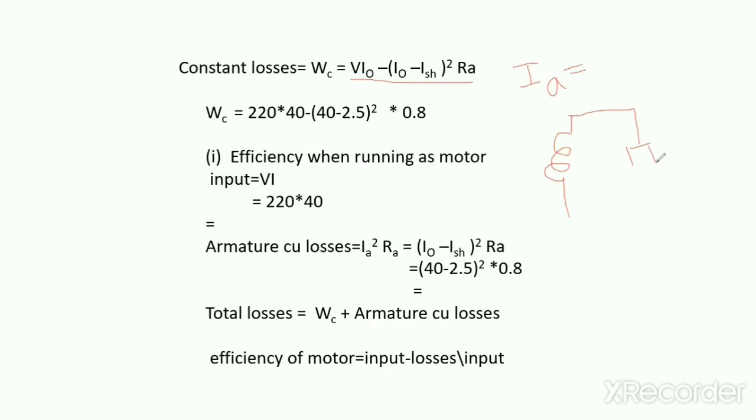This is the armature of a shunt motor, this is the applied voltage, this is the load current IL, this is the current flowing through the armature, that is IA, and this is the current flowing through the shunt field winding, that is ISH.